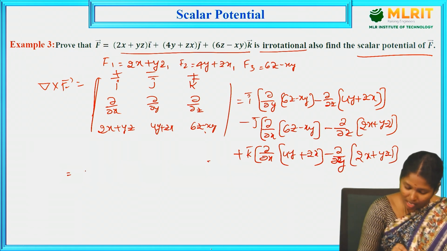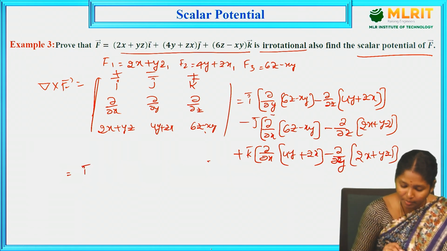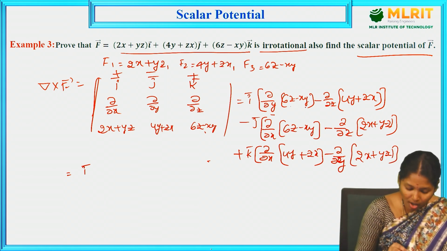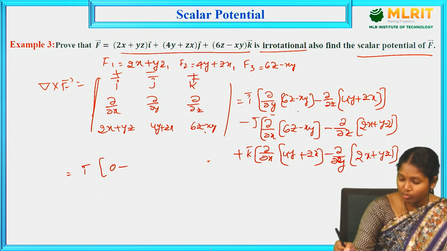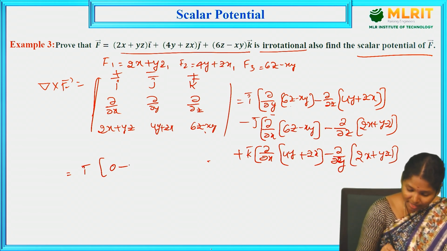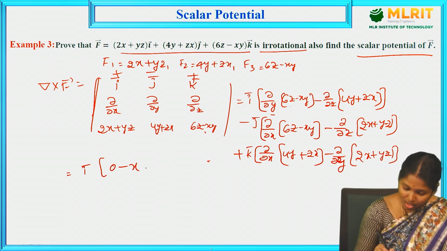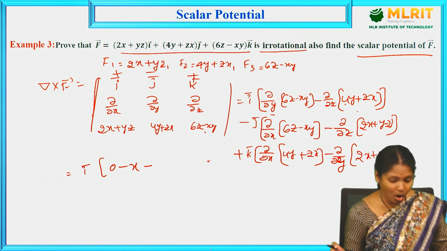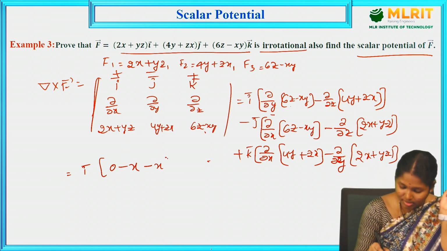here i bar into, with respect to y I am differentiating. So z is constant, so constant derivative is 0, minus x with respect to y differentiating, so minus x, minus. With respect to z, I am differentiating 4y, which is constant, so the derivative is 0, so minus x.